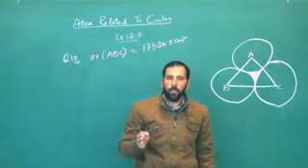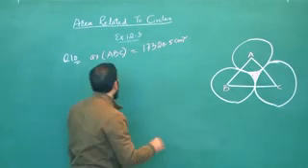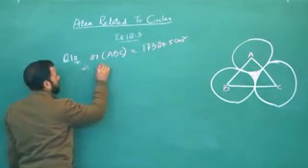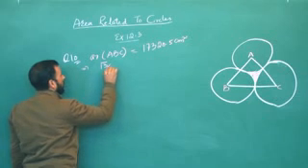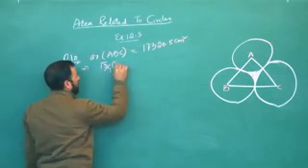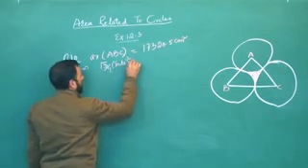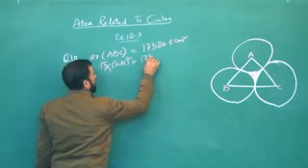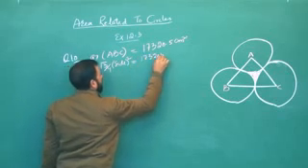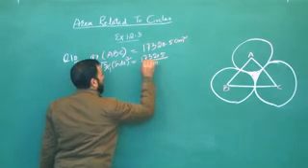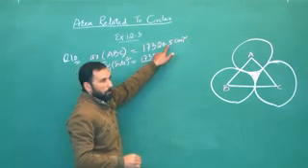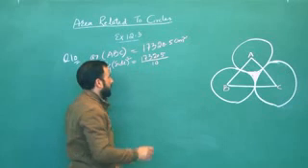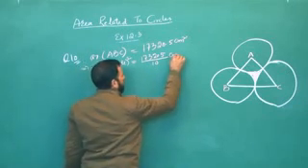But we know that the area of an equilateral triangle is equal to square root of 3 by 4 into side square, is equal to 17320.5 divided by 10. After vanishing this decimal point, we can divide it by 10. It is square centimeter.